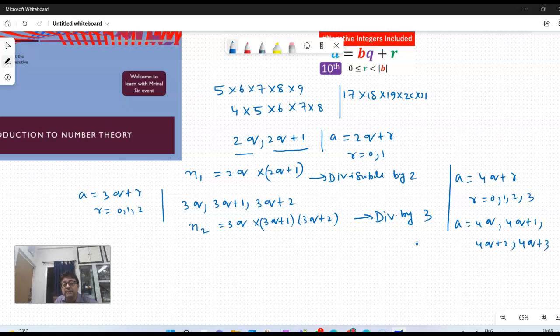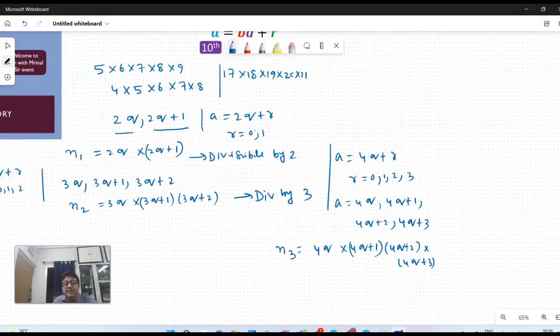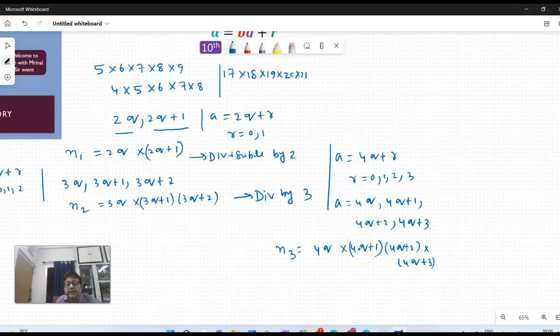If we consider the product of 4 consecutive integers, writing this as n3, then it is 4q, 4q plus 1, 4q plus 2 multiplied by 4q plus 3. You can see that the product this time contains a 4q here and one 4q plus 2 here. So this is always divisible by 8.